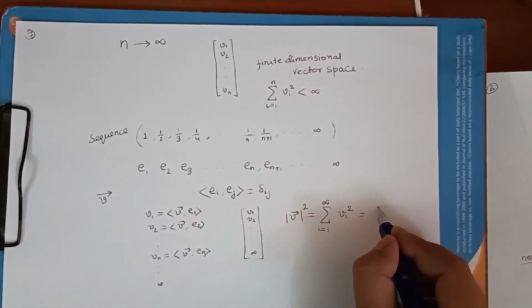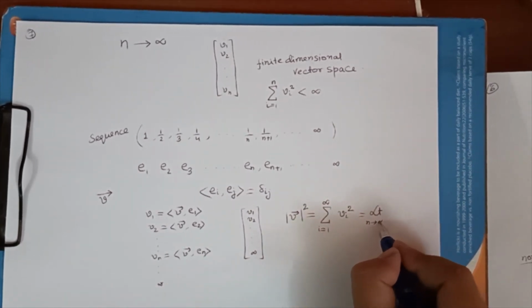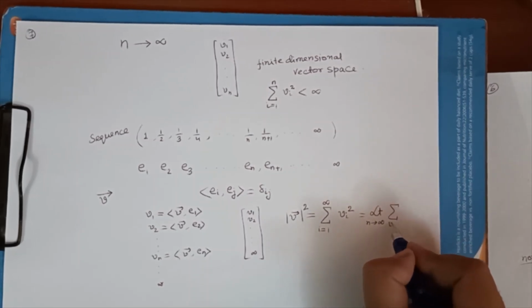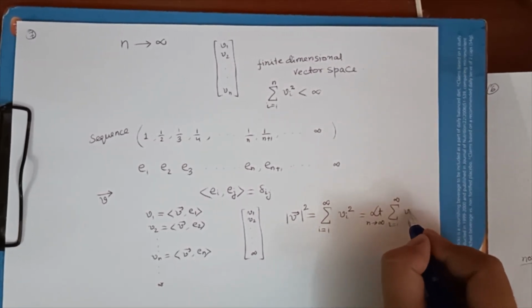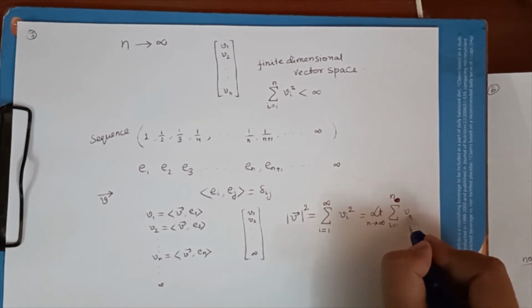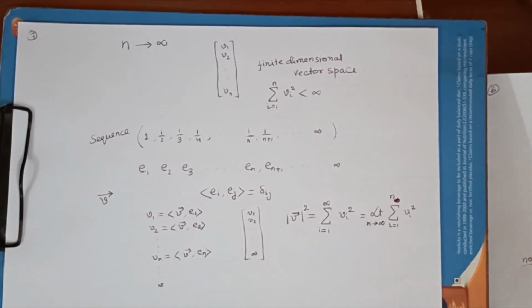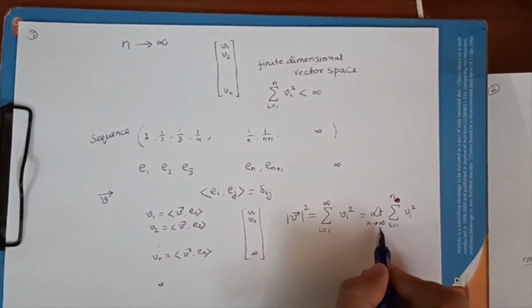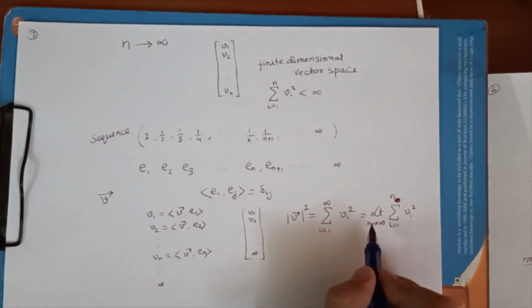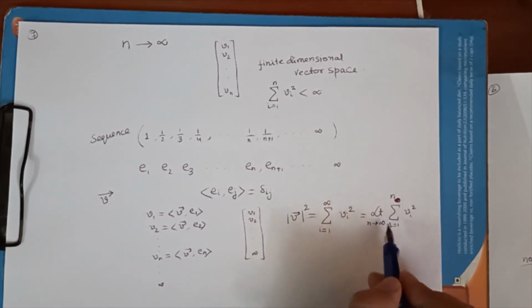This you can write as limit n tends to infinity of the summation i equal to 1 to n of vi square. You can see that some other concept which was not there in vector space theory earlier, the concept of limit, is coming in. So we are entering the realm of some new calculus. This was not there in vector space theory, where the length of the vector is obtained by some limiting process.